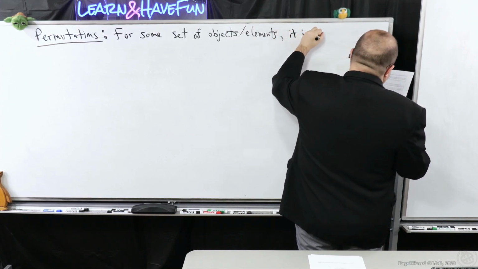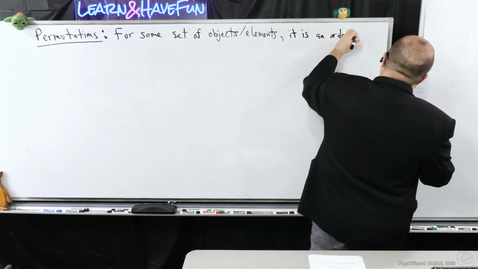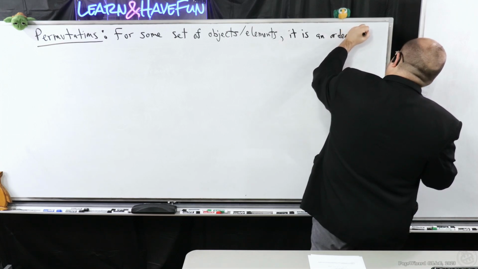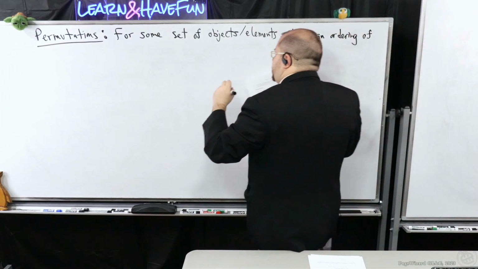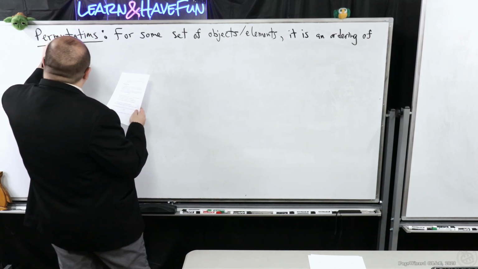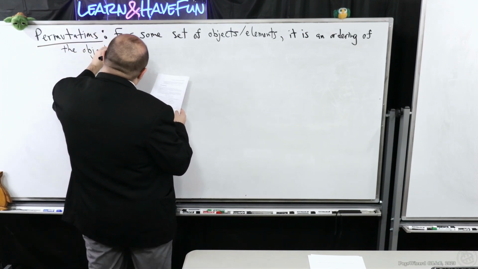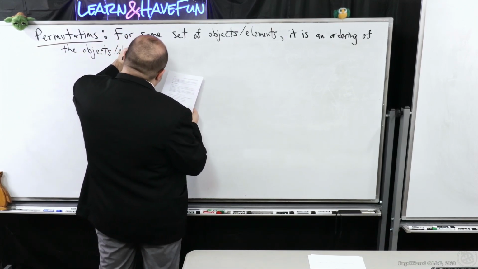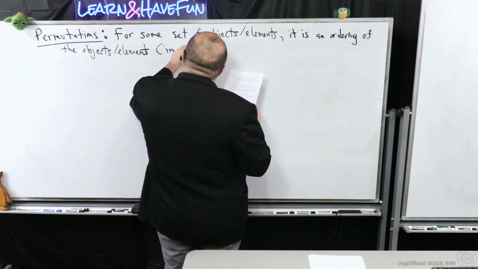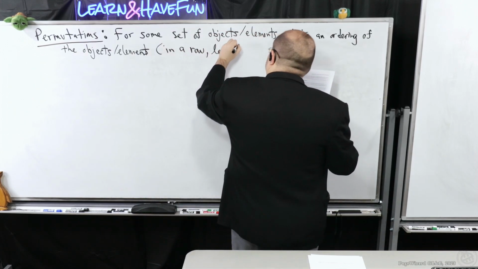It is an ordering of the objects or elements. So this would be in a row, left to right. That's at least how we're going to interpret them here.